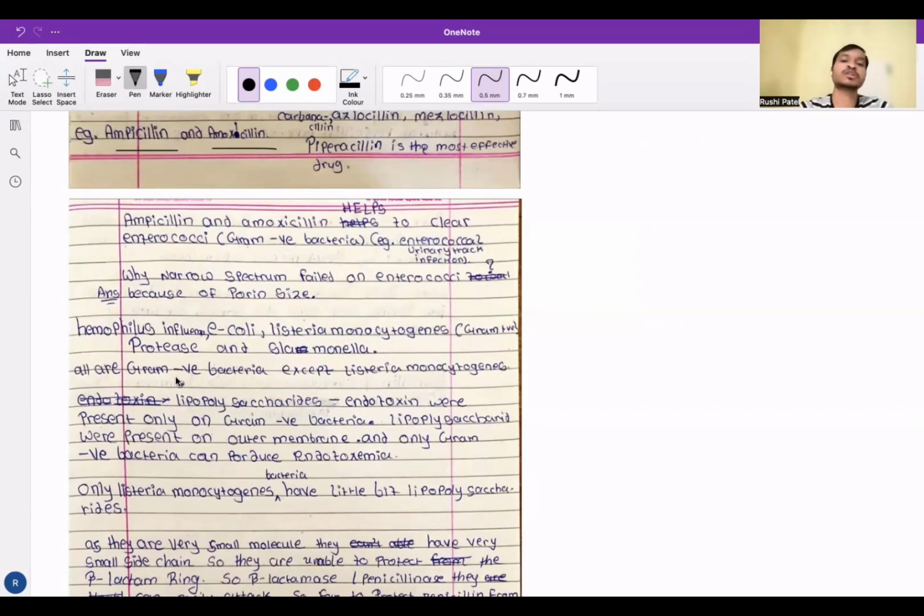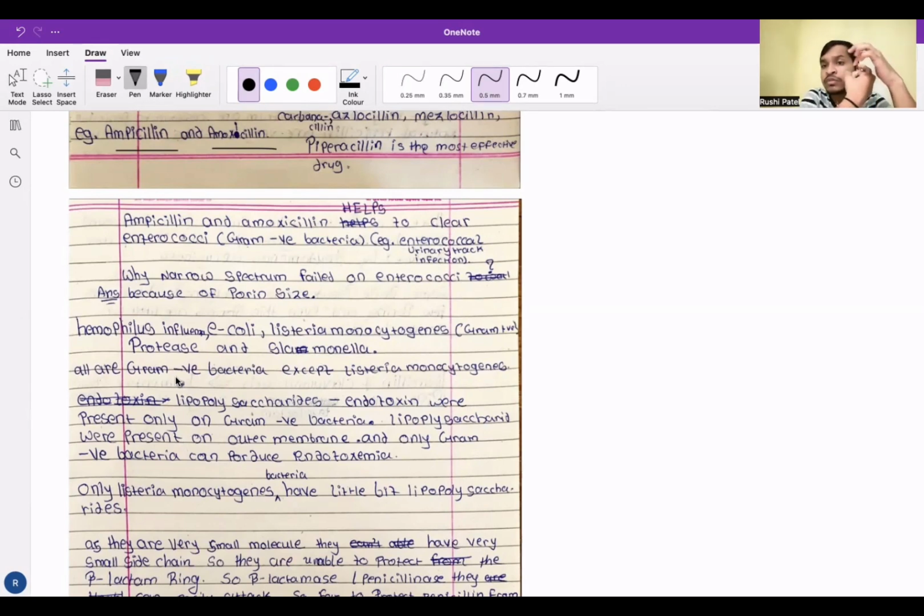Why does the narrow spectrum fail to work on enterococci? There is only one reason: narrow spectrum drugs have bulky molecules, so they are not able to pass through the porins, and enterococci have a very small porin diameter. If the diameter is large, they can pass easily, like two fingers going through.